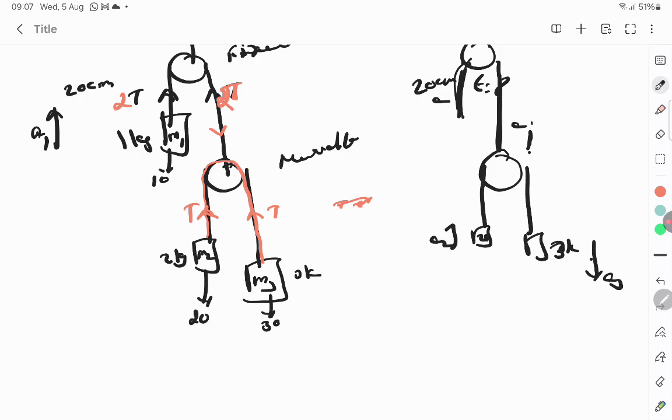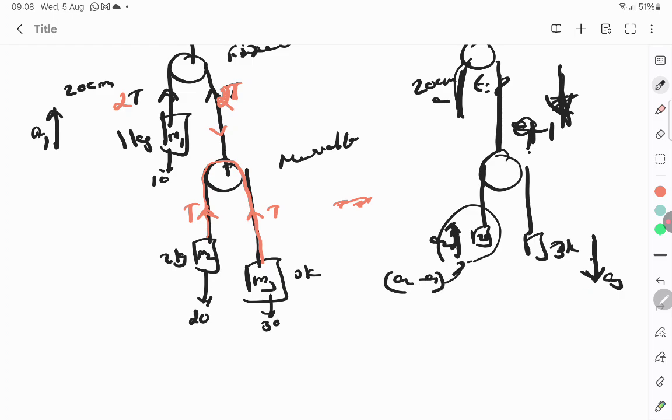When this rope is coming down with an acceleration of A1, this is going to go down with an acceleration of A3, and this is going up with an acceleration of A2. So the net acceleration on this, can I take it as A1 minus A2, or should I take it as A2 minus A1? Let's assume A2 minus A1 is the net acceleration on this.